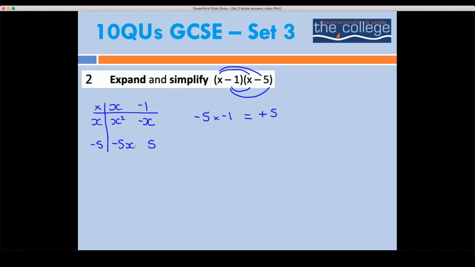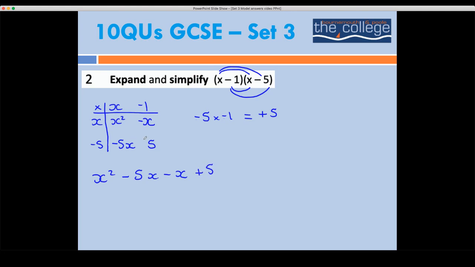You've now got to bring out all of those 4 terms that are in the box. And if you've done these 4 loops, each loop would give you a term that came out. So you've got x squared, you've got minus 5x, you've got minus that 1x, minus x, and a positive 5.